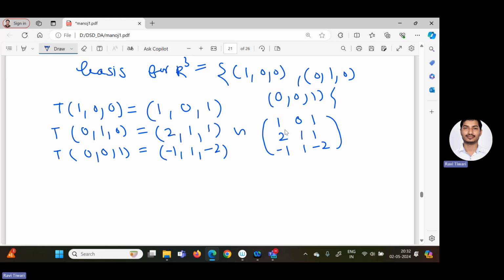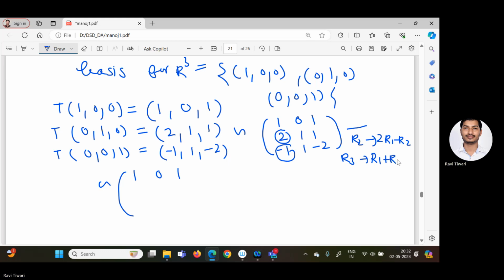Here the pivot element is 1. So this element we have to make 0 and this element we have to make 0. So we write 1, 0, 1. Now we can apply row operations: R2 replaced by 2R1 minus R2, and R3 replaced by R1 plus R3.